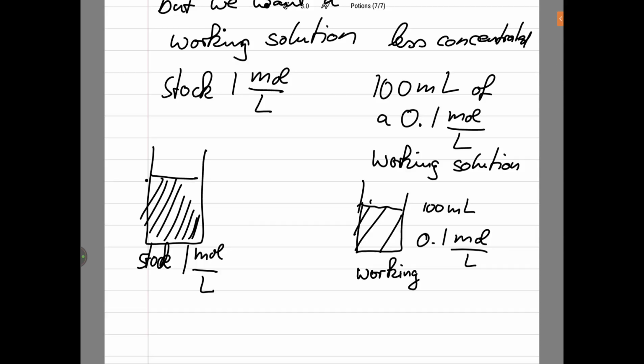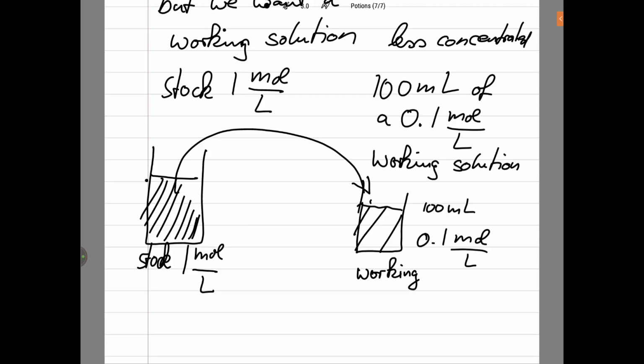Okay? So we have to take something out from the stock solution and make up our working solution. But how much do we have to take out from the stock?